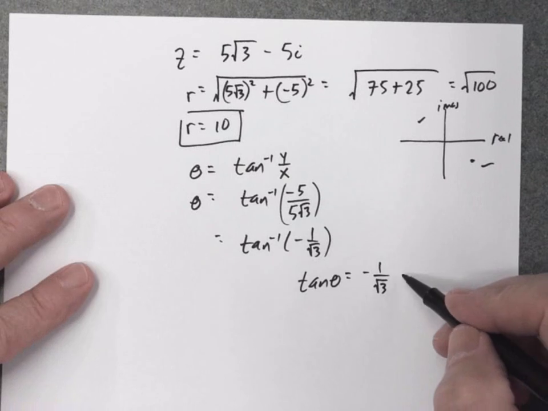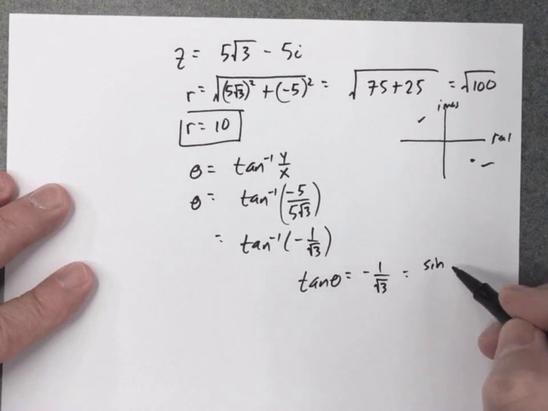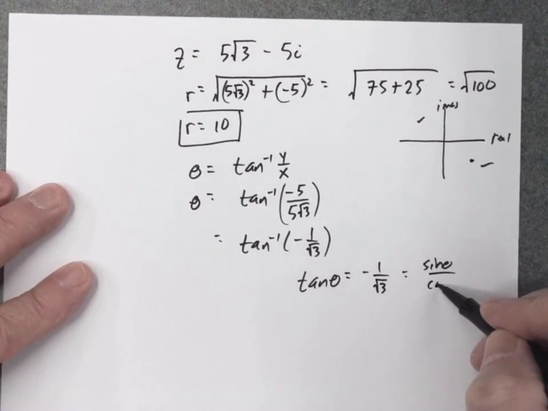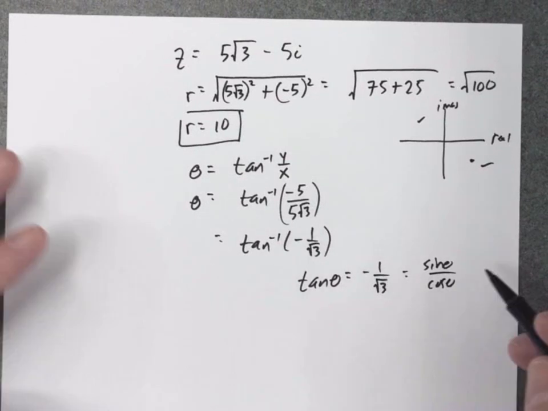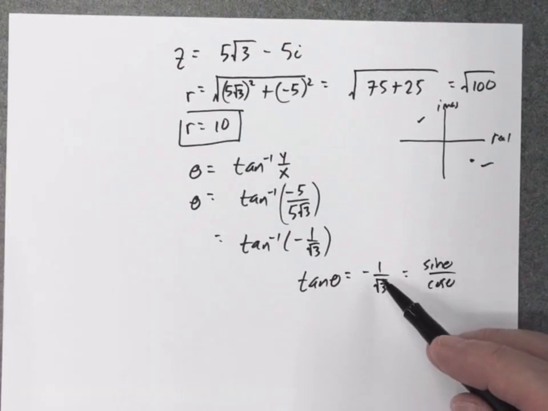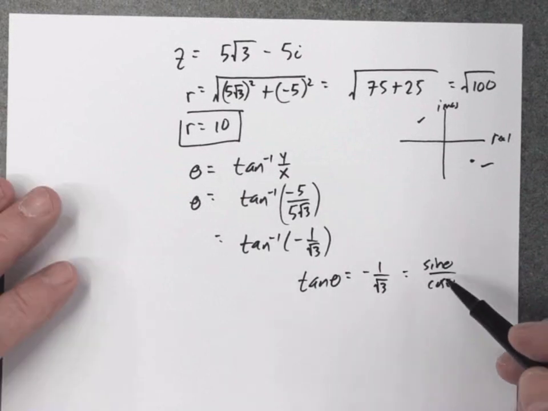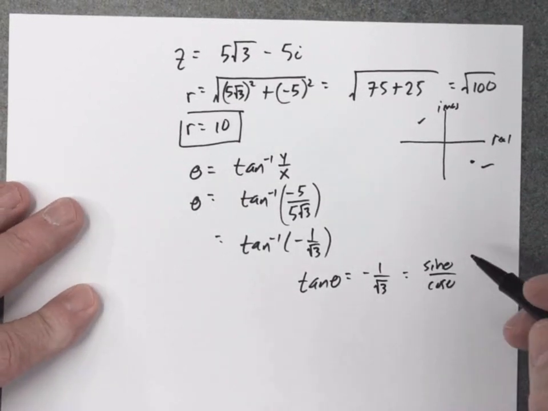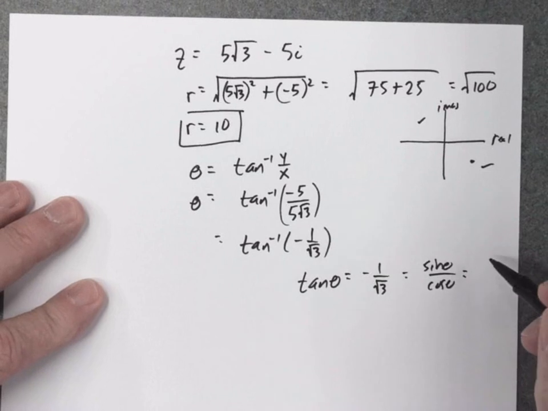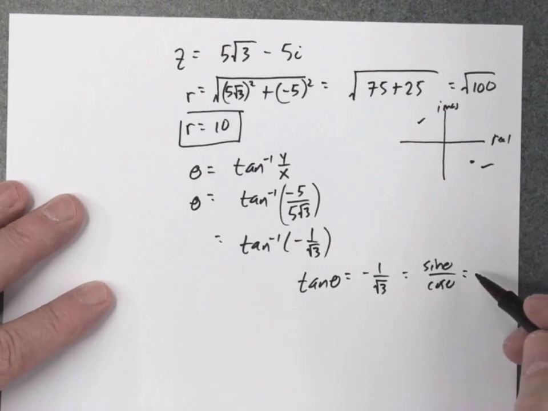So this is where, once again, you realize sine over cosine, and you realize those special angles where you have the square root of 3, and I actually need it to be with the cosine. We've done this before, so I'm not going to take time now to explain it.